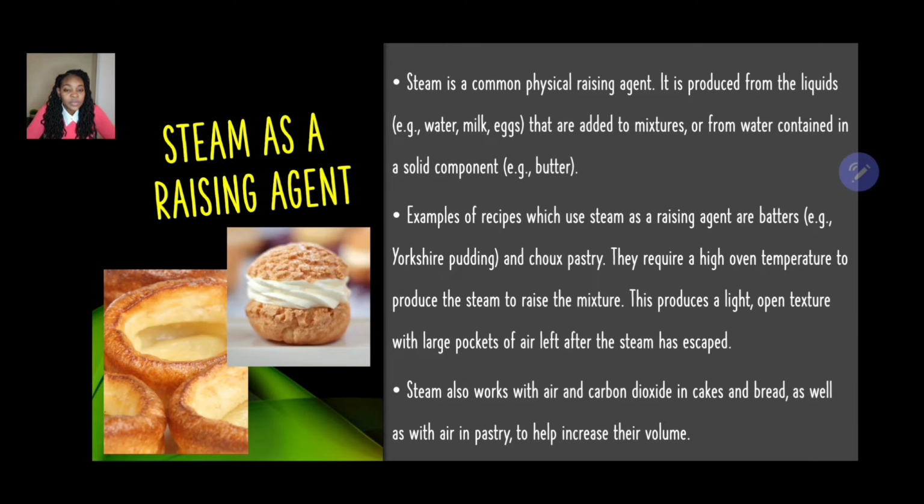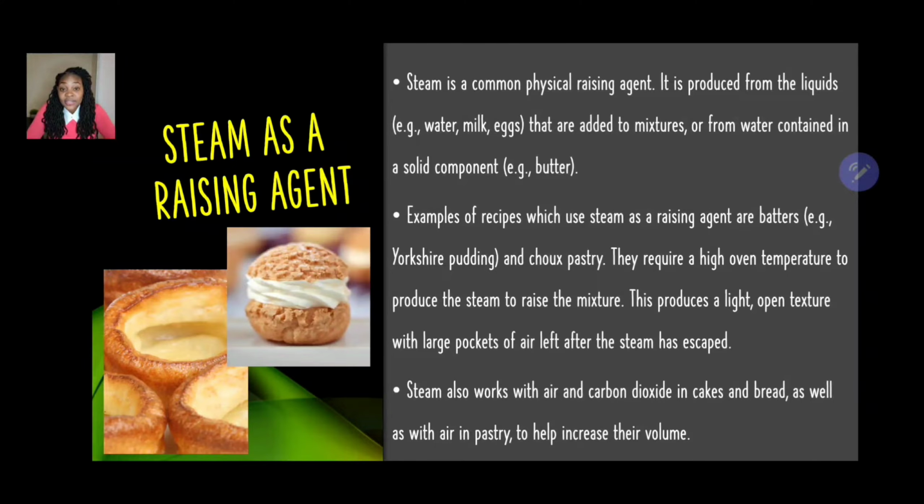And earlier we were speaking about how we may use one classification of raising agent. It may be a chemical raising agent, or most times it's a mixture. So you may find that the techniques you use when making a cake also help to incorporate air into the product.